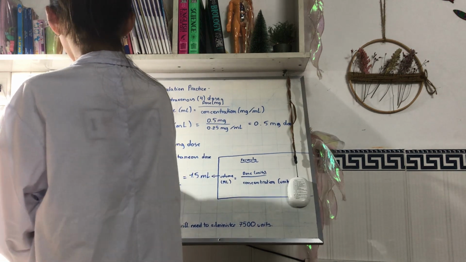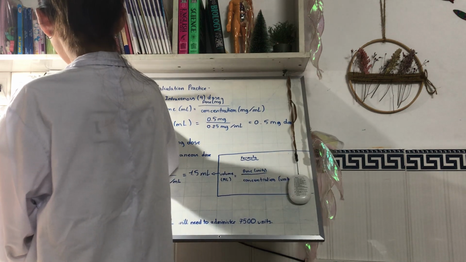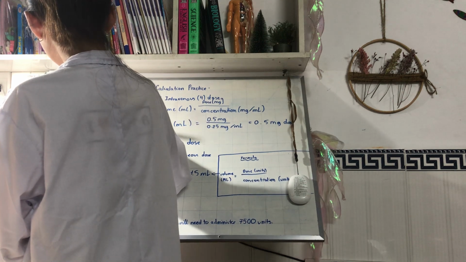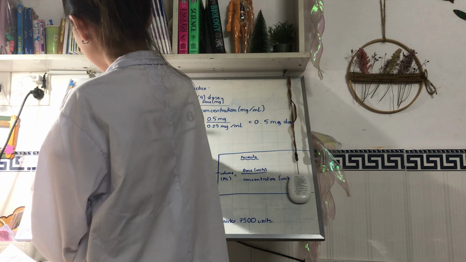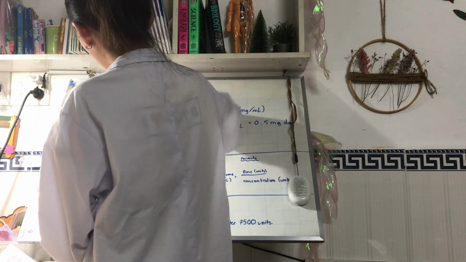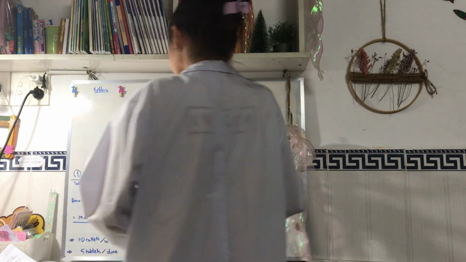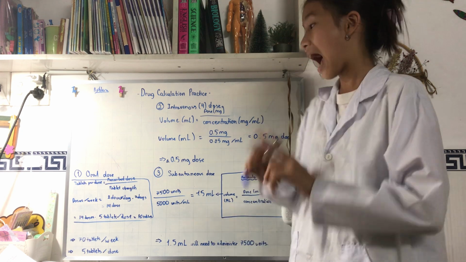Let's do this problem together. We know that 15 times 5 equals 75. Therefore, our answer is 5, and there will be 5 tablets per dose. So that means we will take 5 tablets at a time.